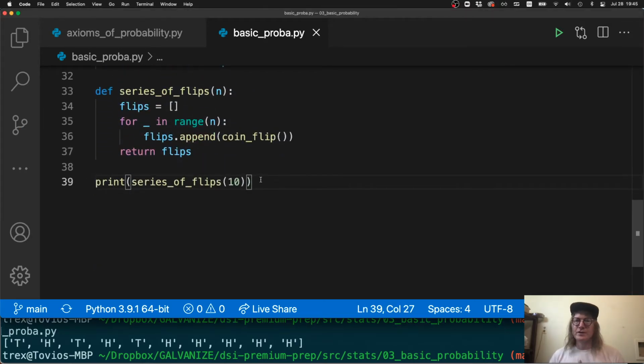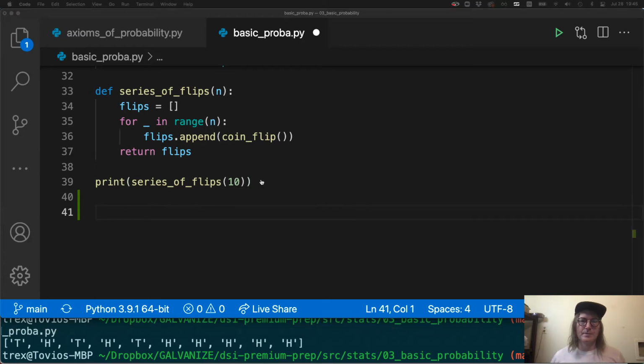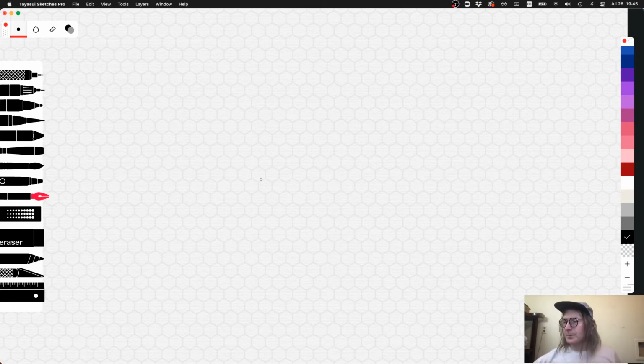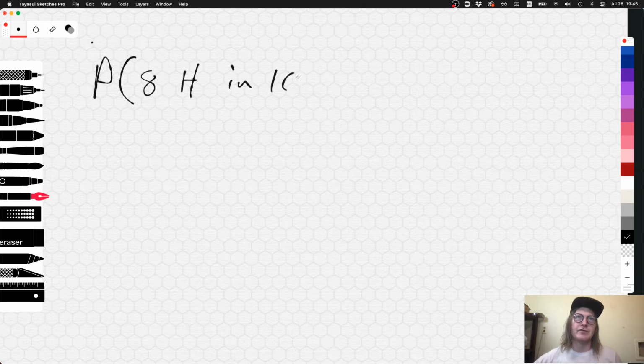So let's talk about the probability of getting 8 heads in 10 flips. Now, we don't have an explicit way to do this yet without using that nested for loop structure. But what we can do is sample 1,000 times.